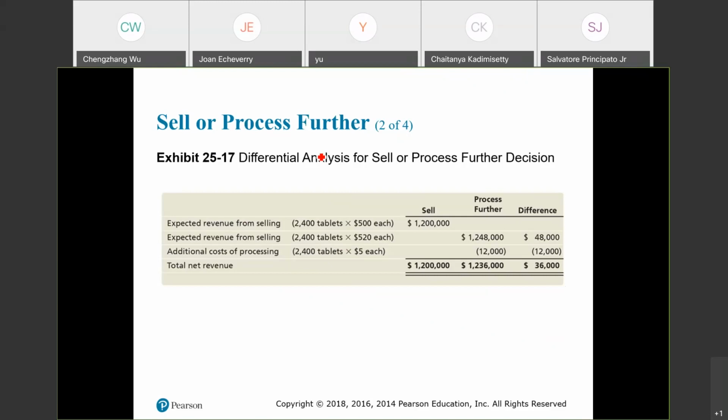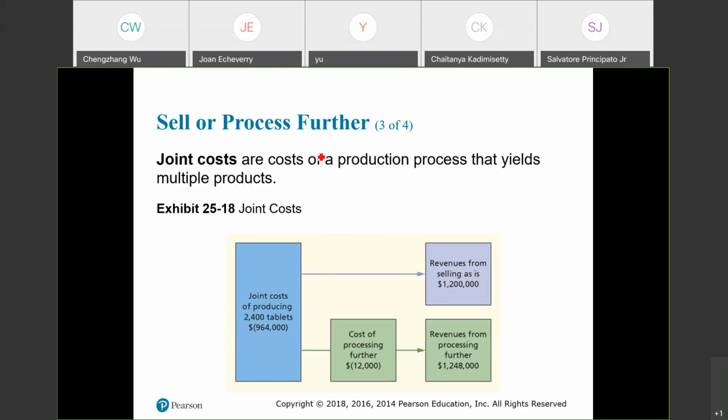So these costs here are the joint cost. Joint costs are the costs of a production process that yields multiple products. In this case, the multiple products are the tablets without the feature and the tablets with the feature.